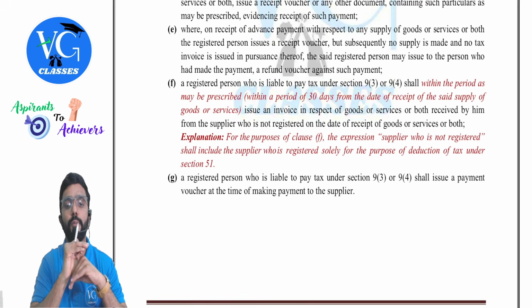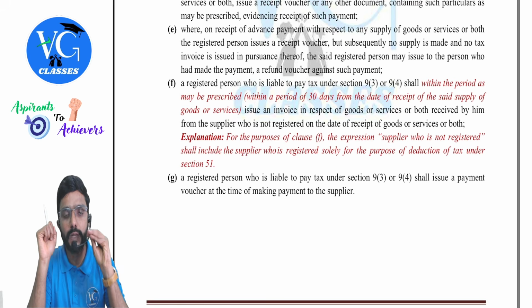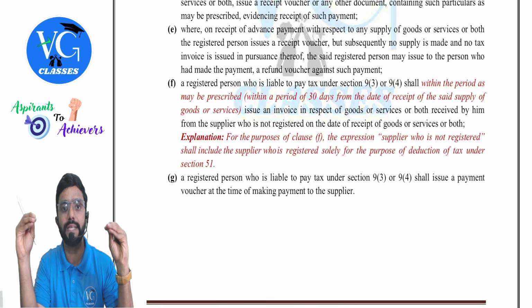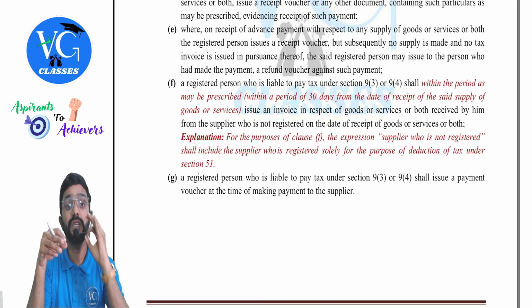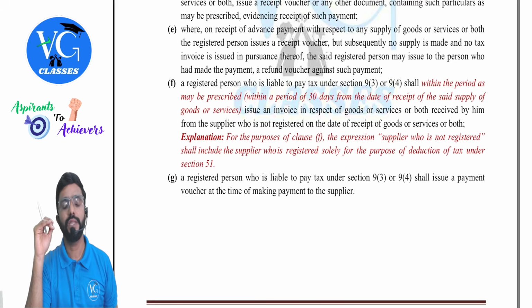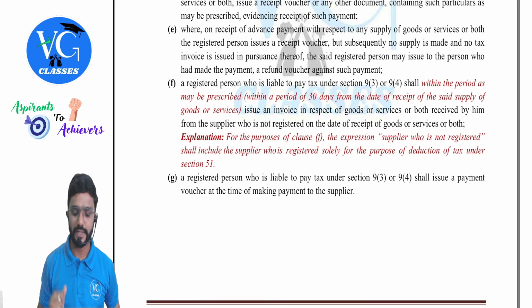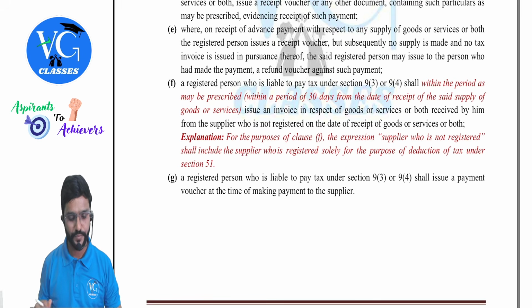Means when there is a supply from an unregistered supplier to a registered recipient and RCM is applicable, the recipient has to do self-invoicing within 30 days. This is what we already covered.